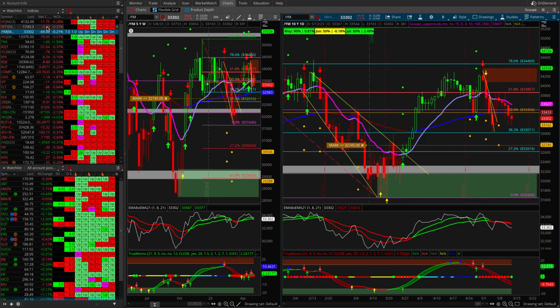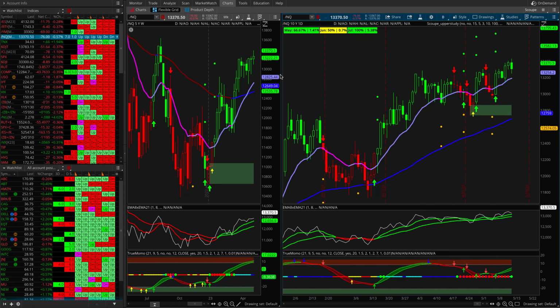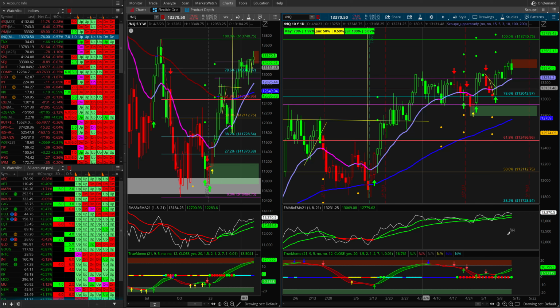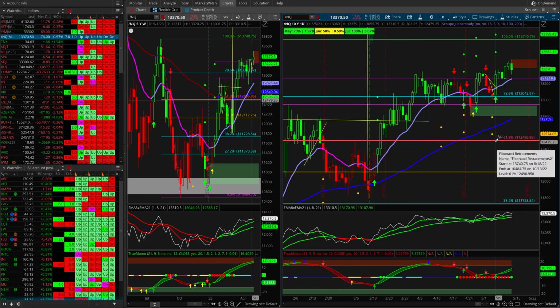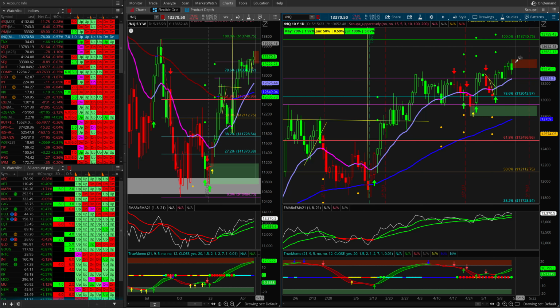The Russell obviously has been the worst laggard because we just looked at it. And then the NASDAQ has really been the winner of it all, and it's fired long. So it had a buy signal back here on the 5th of May, and now we're taking off.